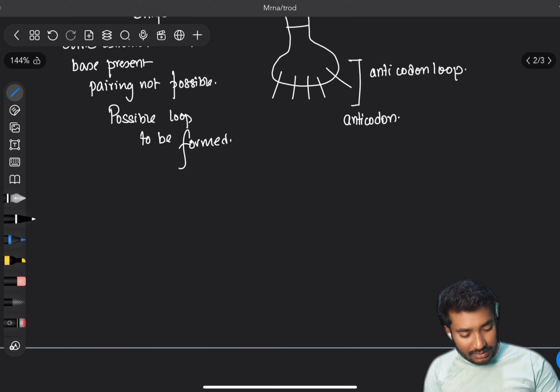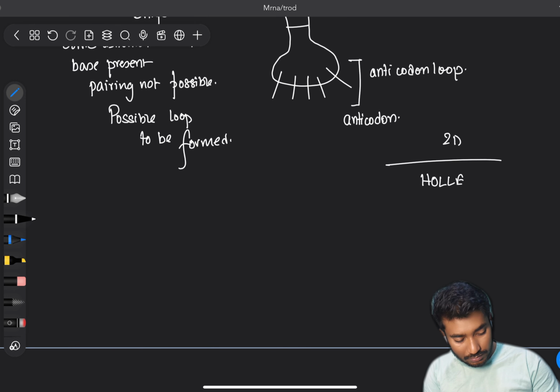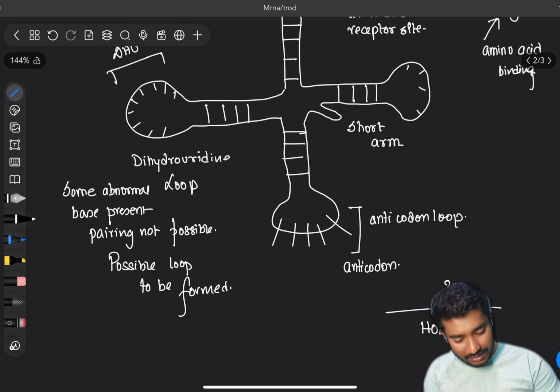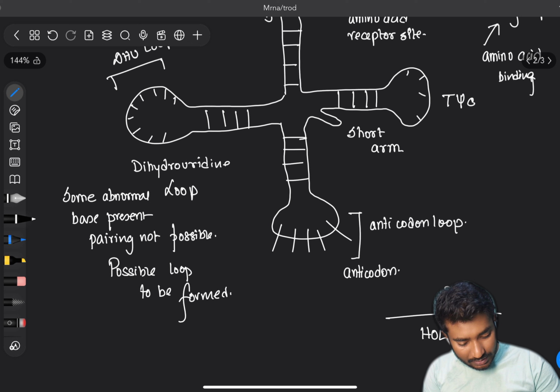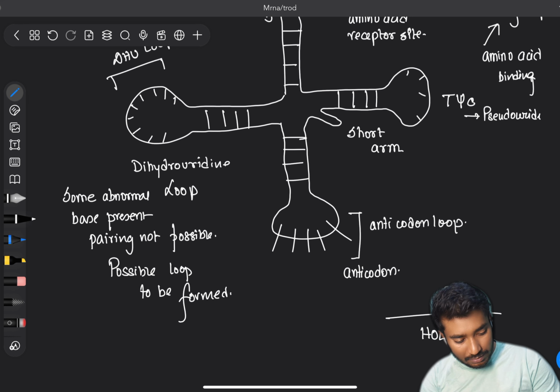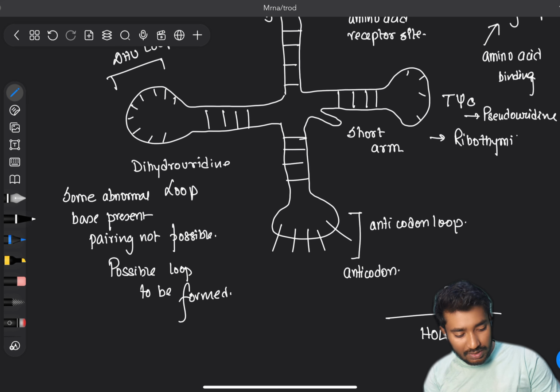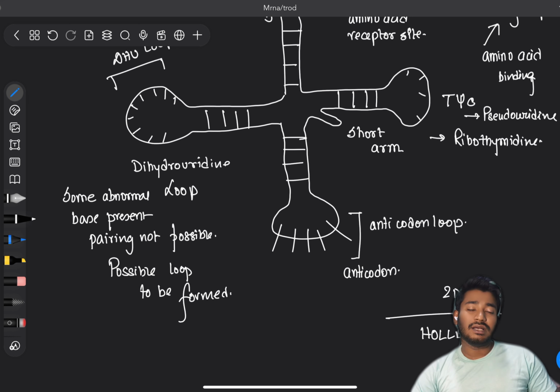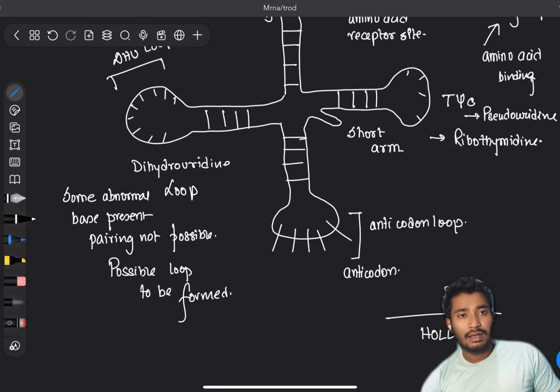This structure is 2D and was given by Holley. So if the question comes which RNA may contain a thymine group, you can say tRNA.